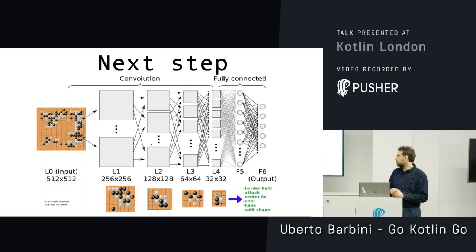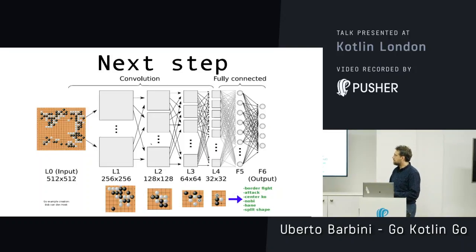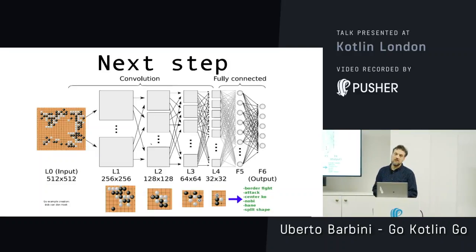Once I finish this, the next step is using deep learning. The point of deep learning in Go is this: when we do the Monte Carlo calculation, we have to try the possible positions.